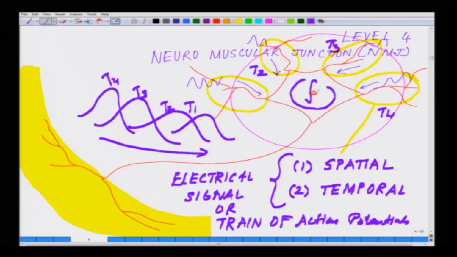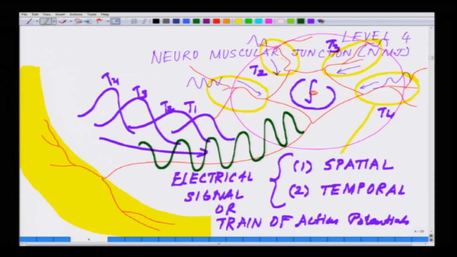It integrates all these signals, and this integrated signal is now the master signal which starts to travel down like this along the axon without allowing any kind of back propagation of information. Okay. In this direction it is moving. So, what essentially is moving is a train of action potentials which is coded with the information of how much length the muscle has to come back.